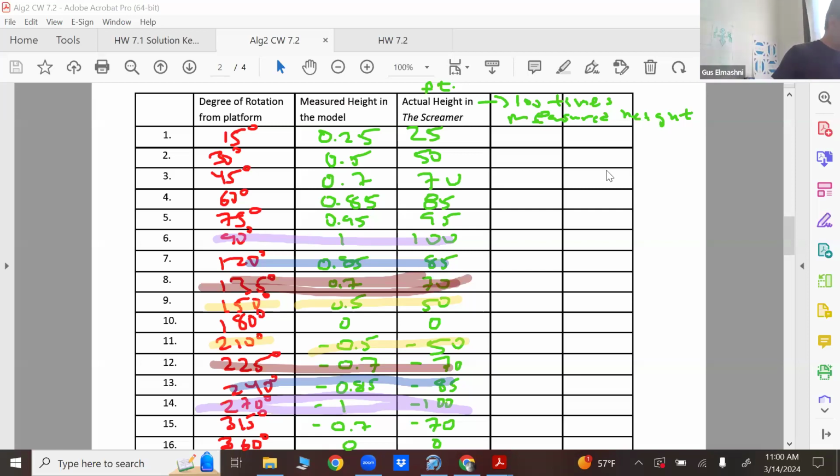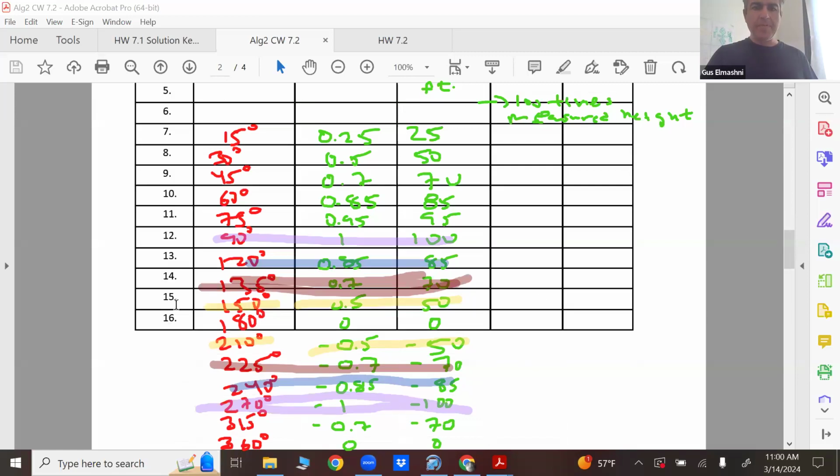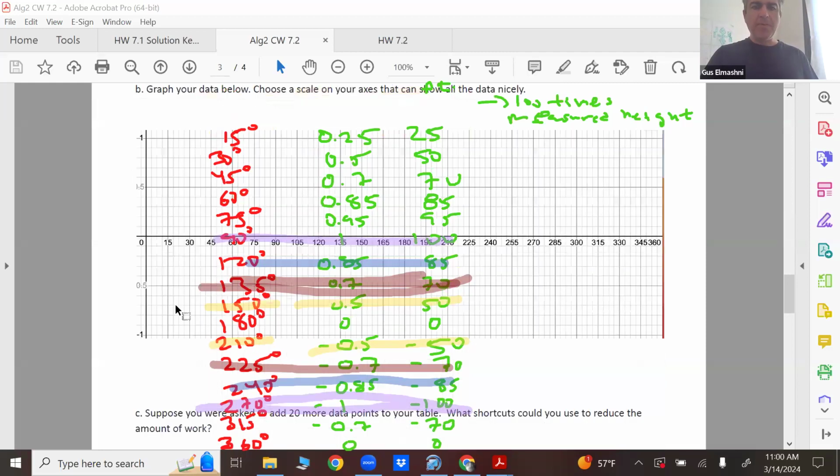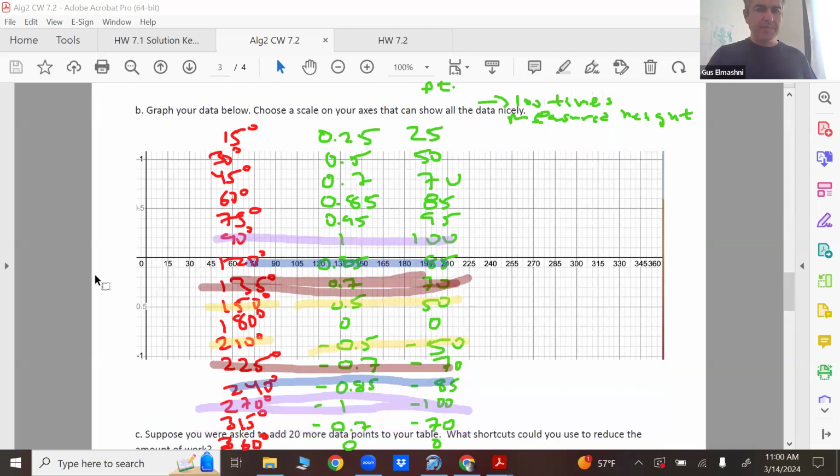Let me take a screenshot of this, in case you need to see it again. I'm going to move my screen. Now what we need to do is graph this.